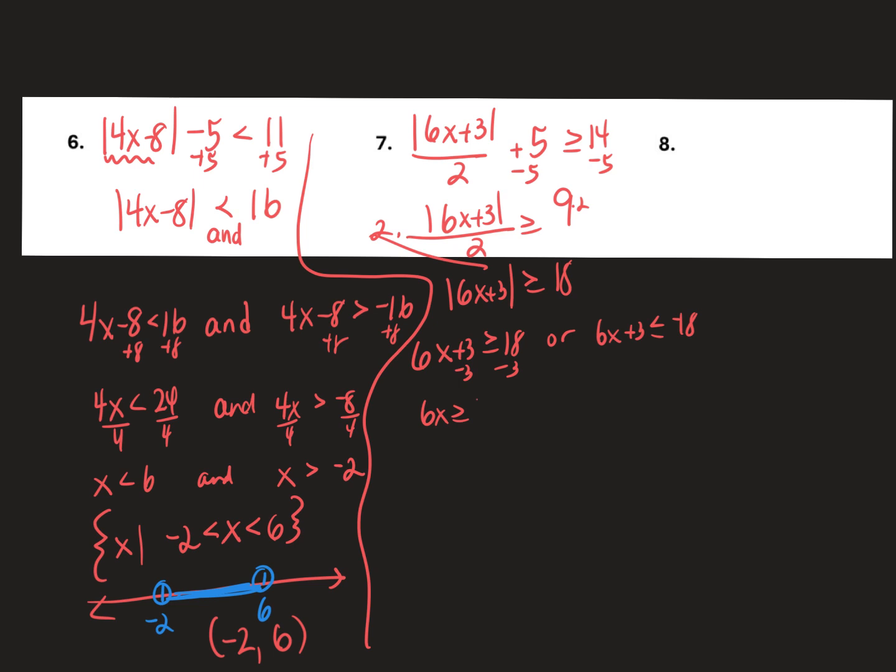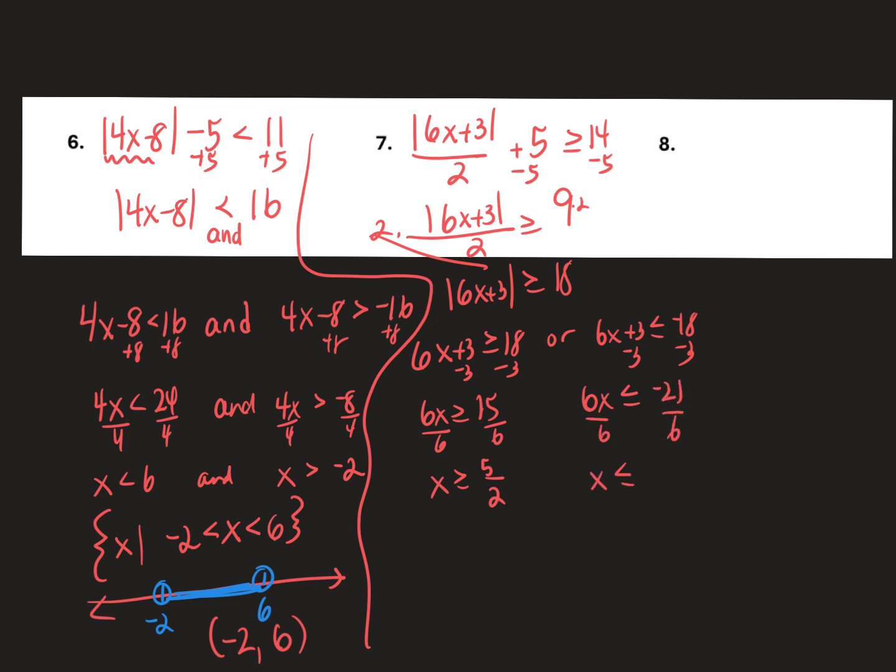6x is greater than or equal to 15. Divide by 6. X is greater than or equal to 15 over 6, which 3 goes into both of those, so 5 over 2. Subtract 3. 6x is less than or equal to negative 21. Divide by 6.